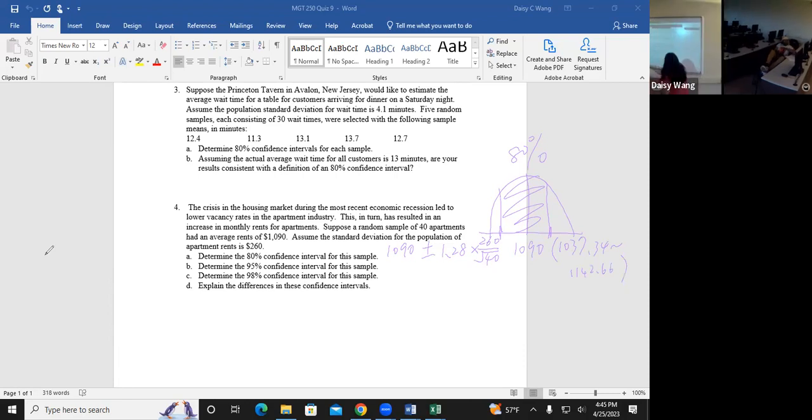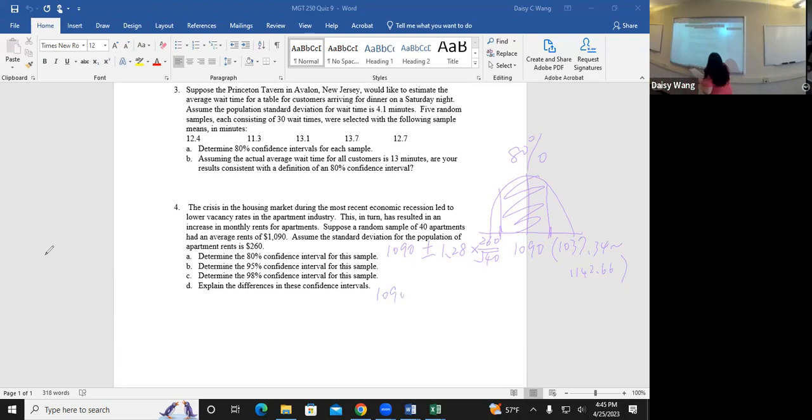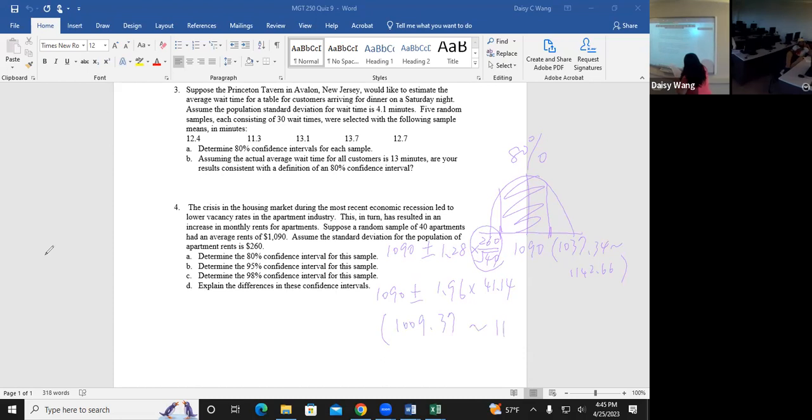Part B will be, write it down, plus minus 1.96, 95% two tail, times this same thing. So the answer will be 0.372.